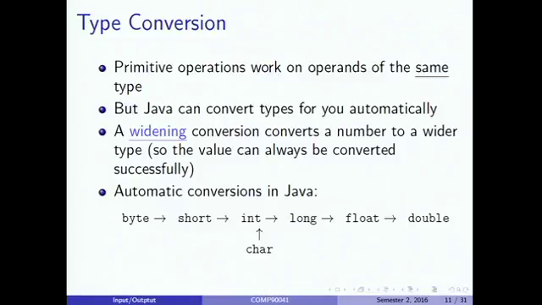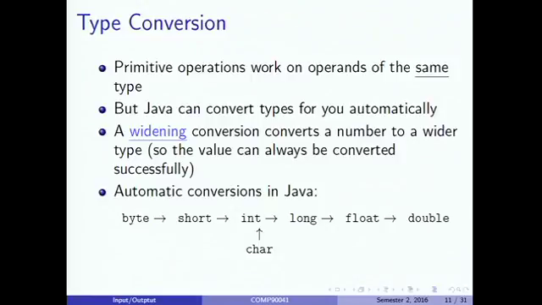So if you've got a variable that holds a byte, and then you've got another variable that holds an int, and you assign the second variable to the value of the first variable, well, they're not the same type, but Java can say, hey, look, any byte I can convert to an int, right?